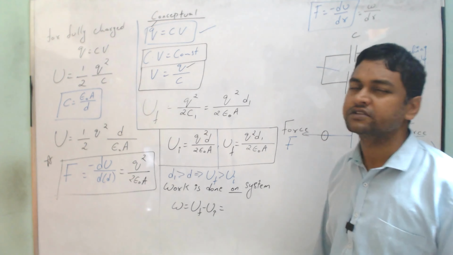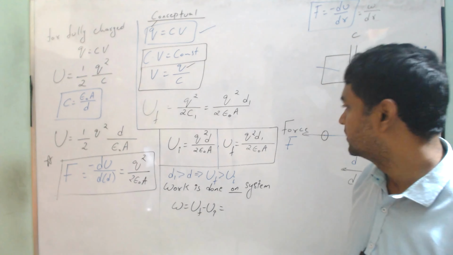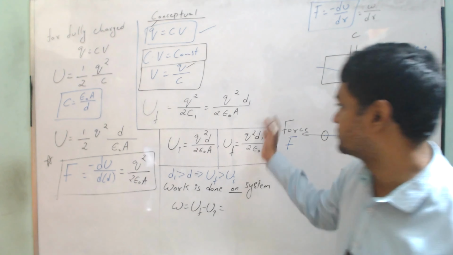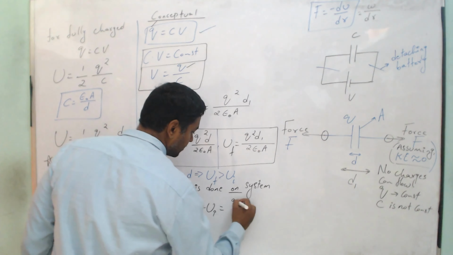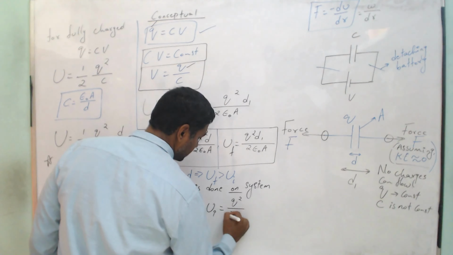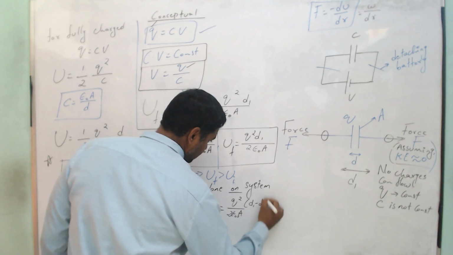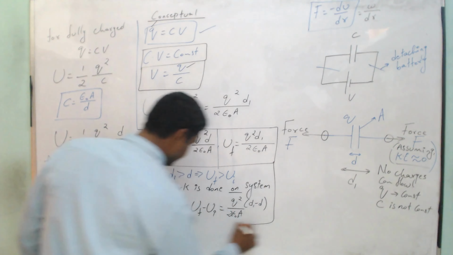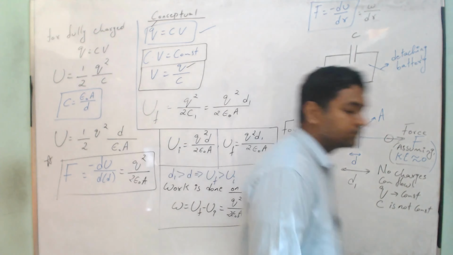Final minus initial, 70 minus 30. So simply everything else is common. D1 minus D only we will get, right? Is this clear?